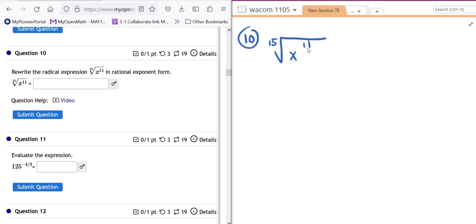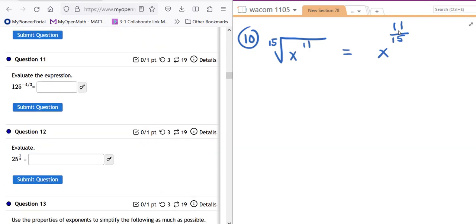They want you to change and write it in rational exponent form. I always remember that the index is the denominator. So I'm going to make a fraction. This is the 15. Whatever else I have goes in the numerator. If that would reduce, you should reduce. And that's how they want the answer left.